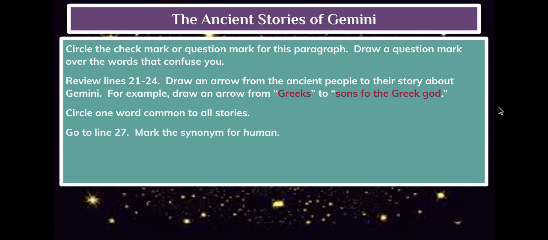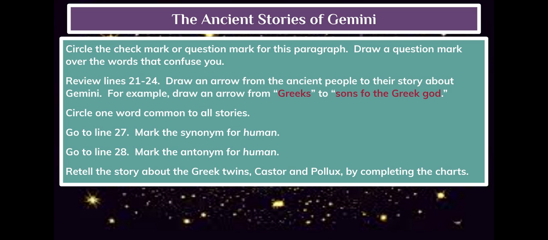Go to line 27. Mark the synonym for human. Go to line 28. Mark the antonym for human. Retell the story about the Greek twins, Castor and Pollux, by completing the charts.